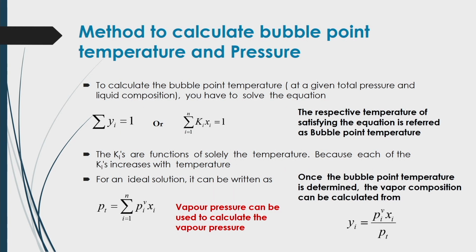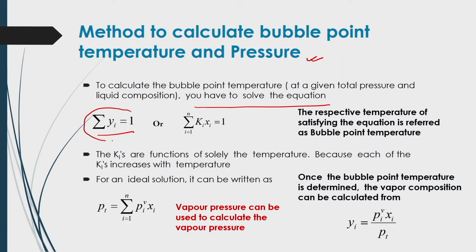Now, the method to calculate the bubble point temperature and pressure. To calculate the bubble point temperature at a given total pressure and liquid composition, you have to solve this equation. You always have to know that at the equilibrium condition, the summation of the vapor composition and of the liquid composition will each be equal to 1.